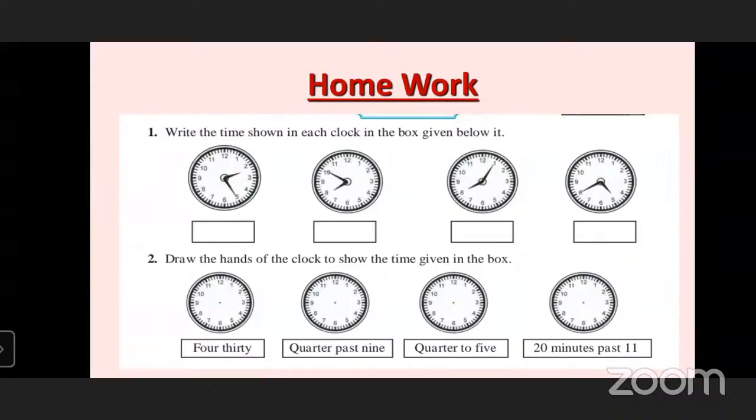You have to draw the hands, long hand and short hand, the hour hand and minute hand. Where is 4:30? Where is quarter past 9? Where is quarter to 5? And 20 past 11, 20 minutes past 11. So you have to draw the hands of a clock here. Okay, understand? Yes, sir.